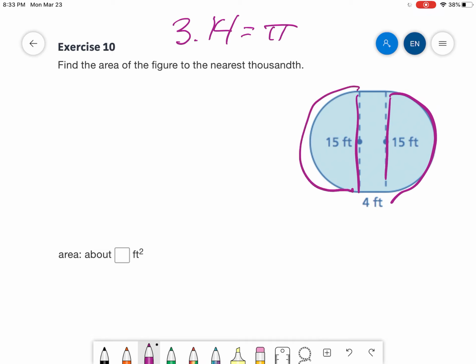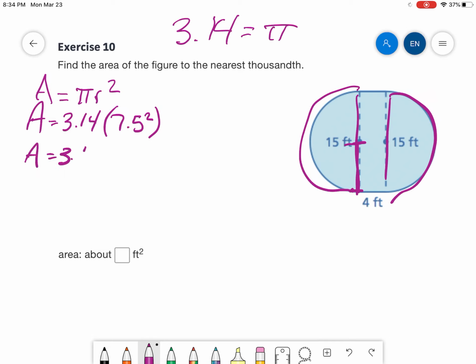In order to find the area of that circle, I'm going to use area is equal to pi r squared. So my area is equal to 3.14 times the radius squared. The radius here is half of 15, which is 7.5.